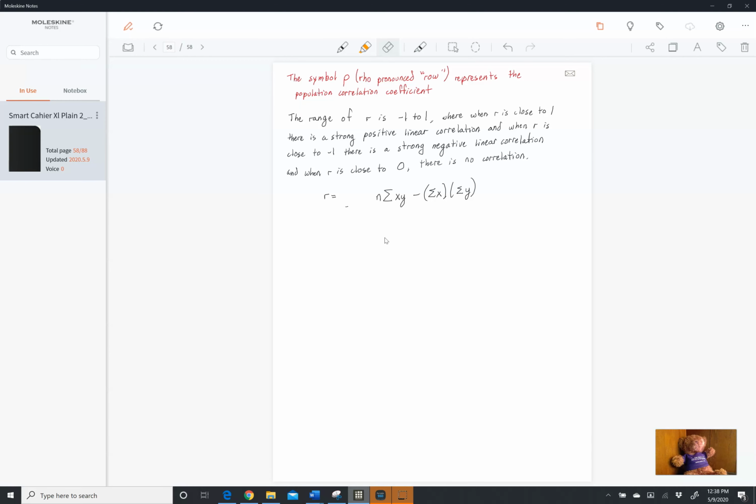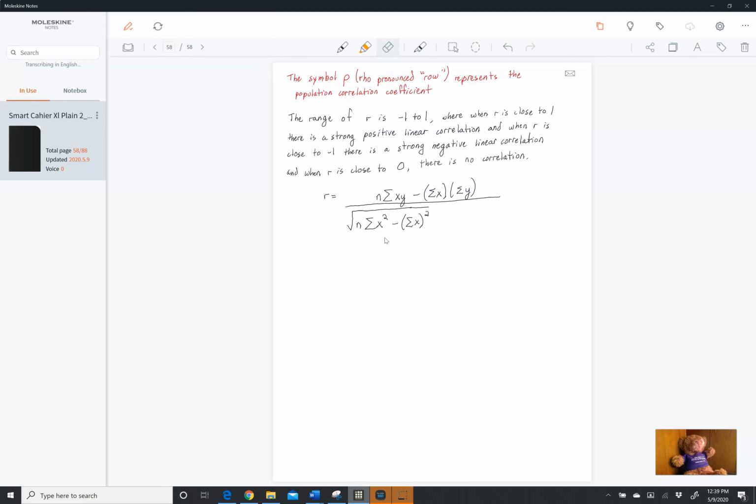Then you're going to divide, and it's taking the square root. This is a beautiful formula of N. Then you take each of your X's and you square them, and then you take the sum of those. Then you take your sum of your X's and you square that number.